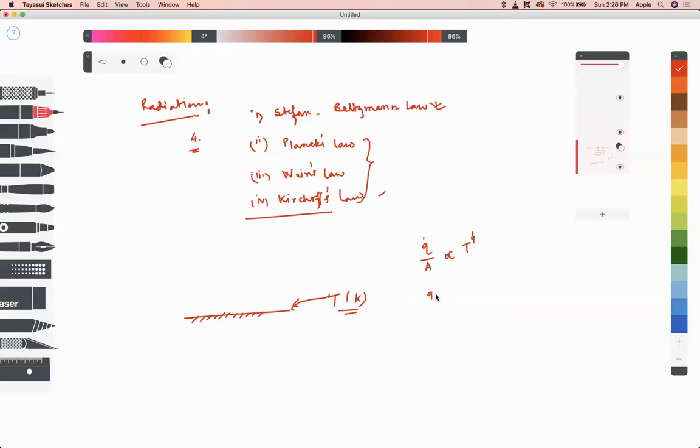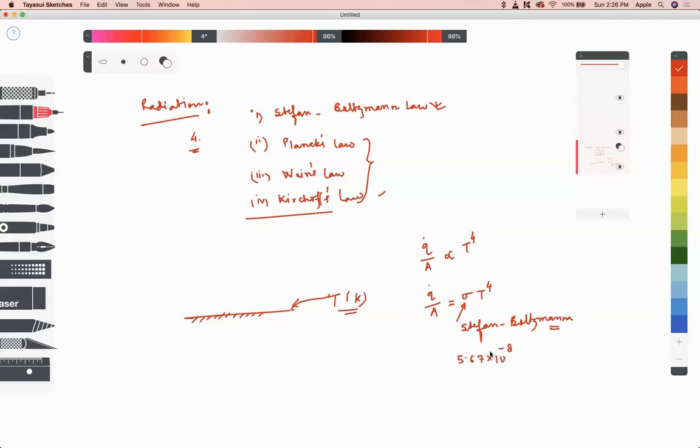So if you remove the proportionality and introduce the constant, which is called the Stefan-Boltzmann constant, now remember your Stefan-Boltzmann constant, there is an experiment in your lab where you need to determine it, and its value is fixed, 5.67 into 10 raised to minus 8.